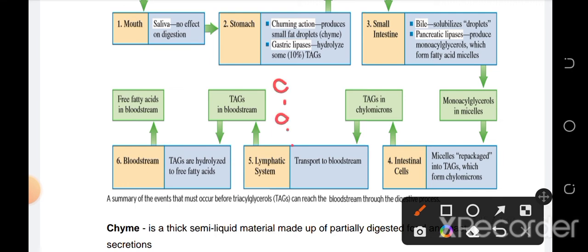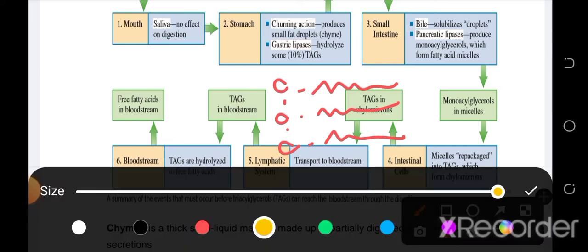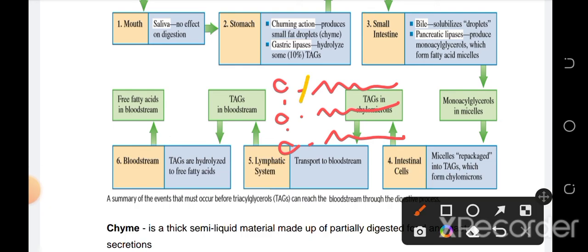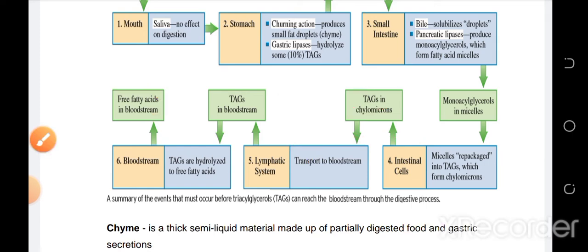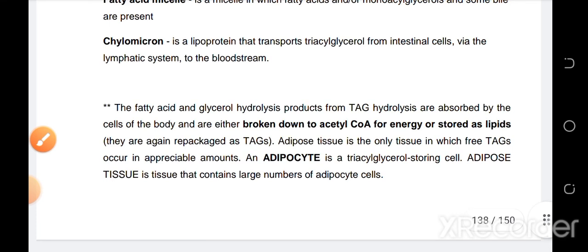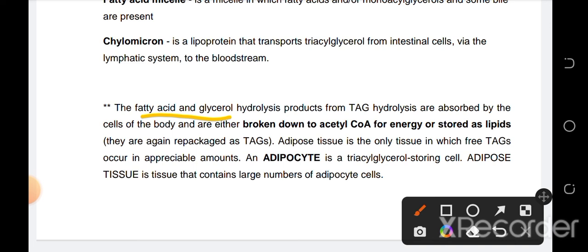Kasi sa triacylglycerol, we have the 3 carbon atoms here, and then we have here the fatty acids. So once they are repackaged and then moved into the bloodstream, this bond between the glycerol and the fatty acids will be broken, kaya magkakaroon na tayo ng free fatty acids sa ating bloodstream.